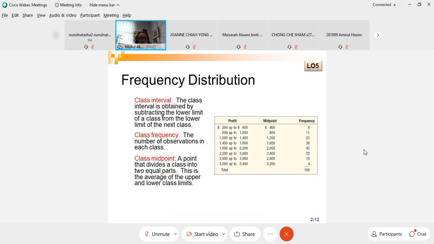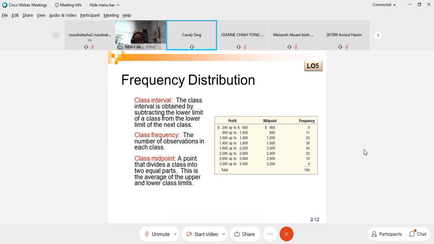Frequency distributions. Okay, just now we learned frequency distribution. Let us ask Candy Sing. Yes, doctor. Can you read this slide? Slide number 12. Thank you. Frequency distribution. Class interval.